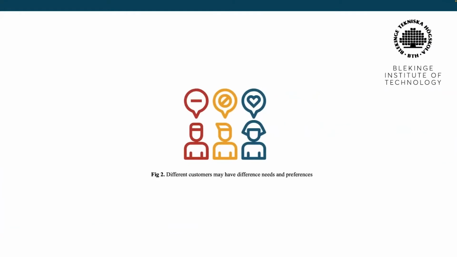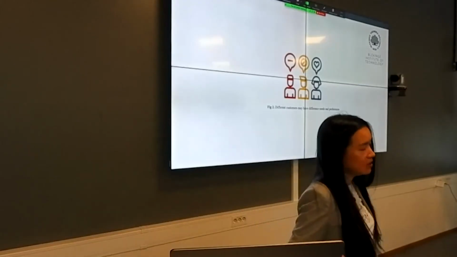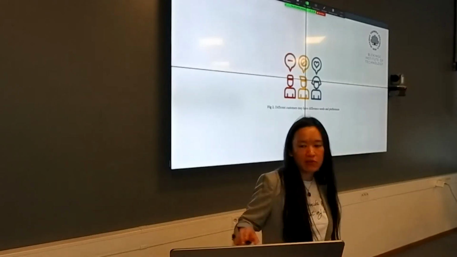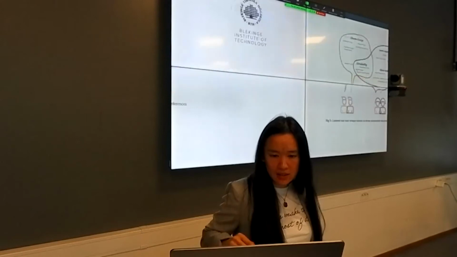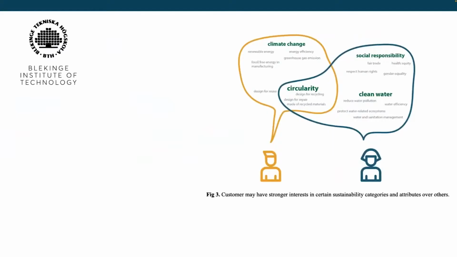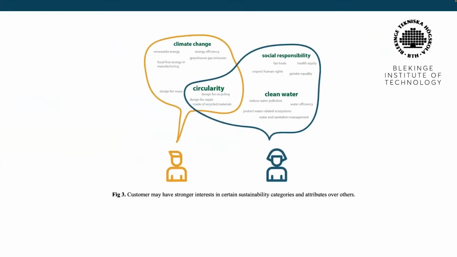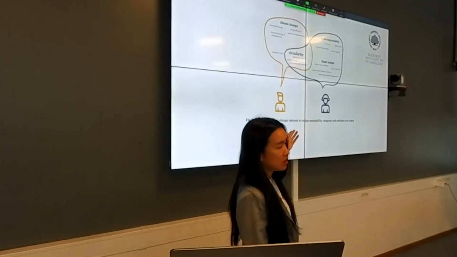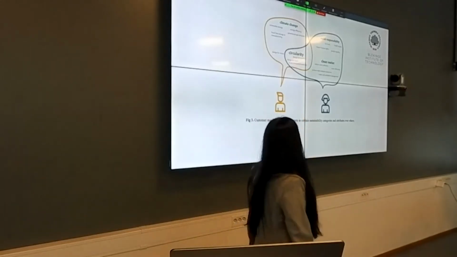I believe that different people have different needs, different preferences for sustainability aspects or for other aspects in life. And if we're talking about sustainability, perhaps this customer may have more interest in, say, climate change and circularity of products, as I've written in green, or the other customers may also have an interest in circularity, but also a stronger interest in social sustainability and water.